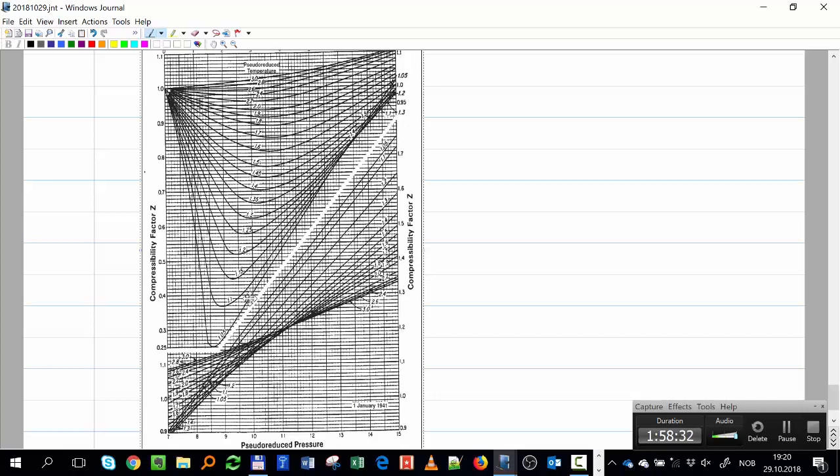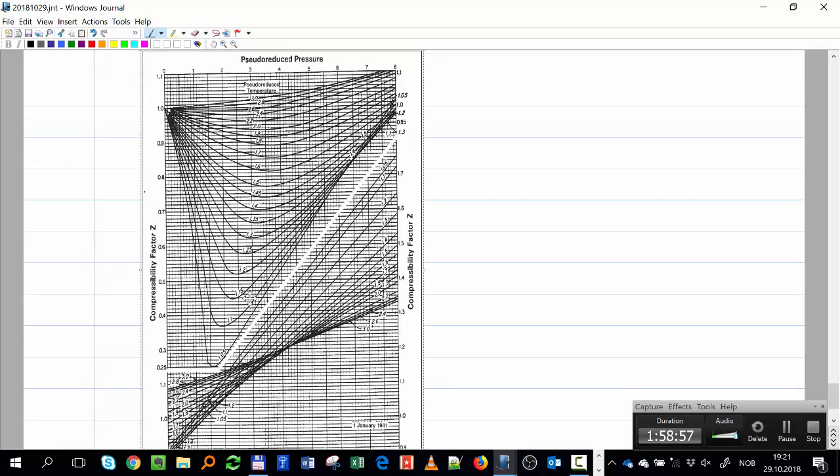Okay, so here you have the range from 1 to 1.1. So that is the upper range that was there, they put it. Sorry, the scale is wrong. It's here the scale. Okay, so you have the reduced pressure. If you go from 0 to 8, you use this upper plot.